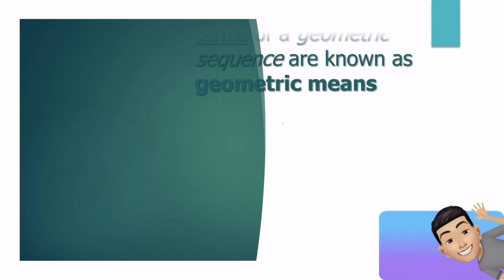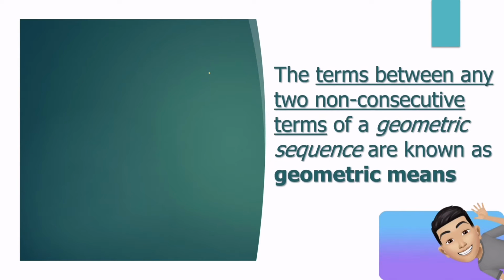Okay, so let's start with this. The terms between any two non-consecutive terms of a geometric sequence are known as geometric means. So, ibig sabihin, kung may dalawang non-consecutive terms, hindi magkasunod na term, pwede tayong mag-insert doon ng term o terms.